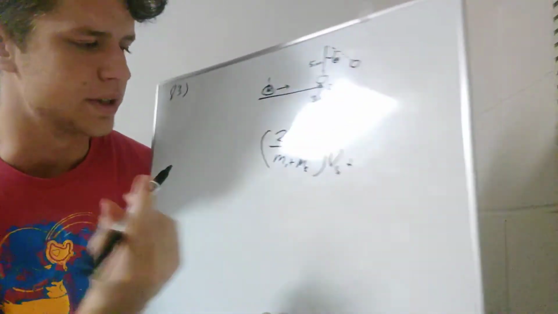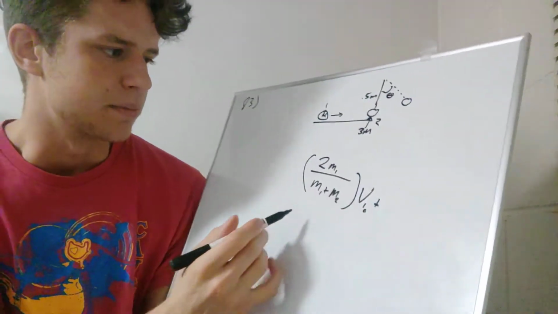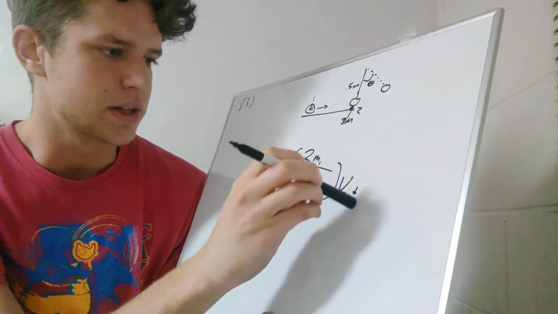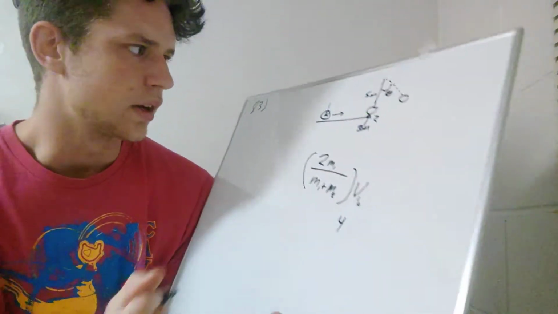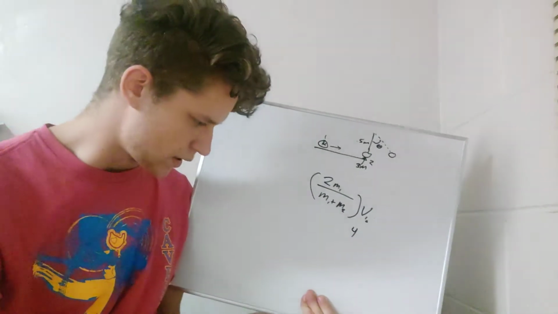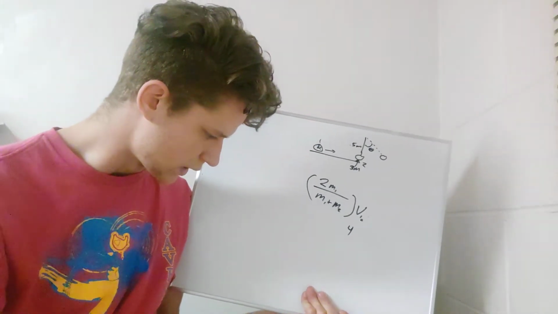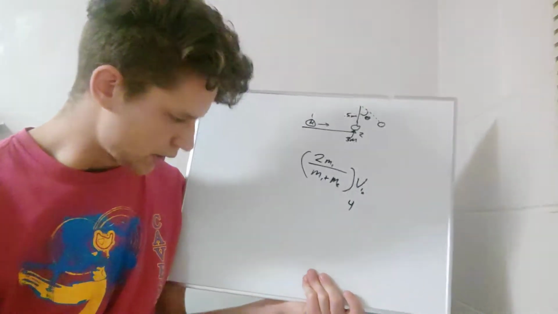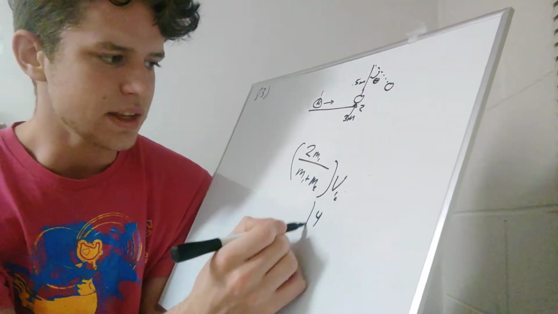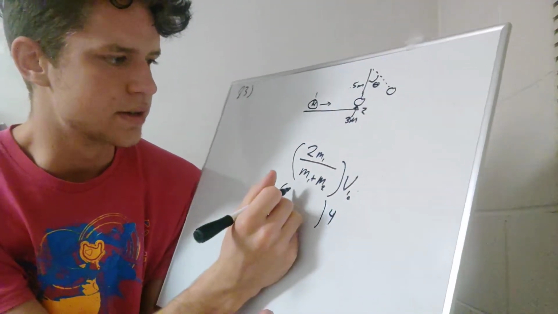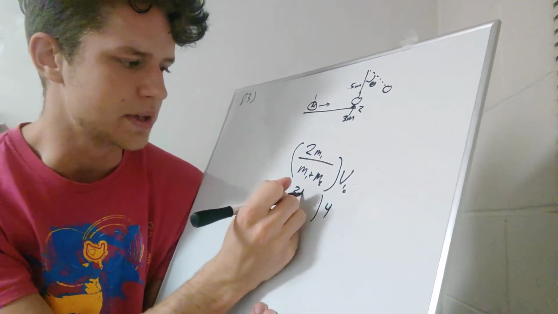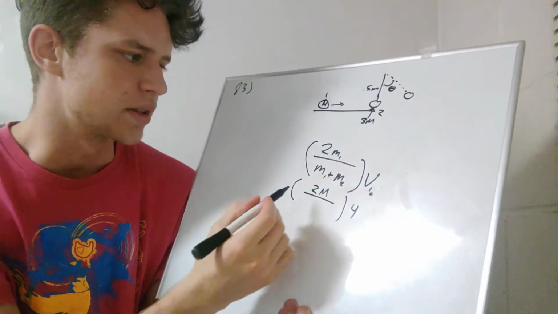And then we can come back here and plug things in. So the initial velocity here was 4. I don't know that I said that, but it is. Let me just double check that. Yeah, it's 4 meters per second. And then mass 1 is m, so 2 times m. You use capital M to separate them.